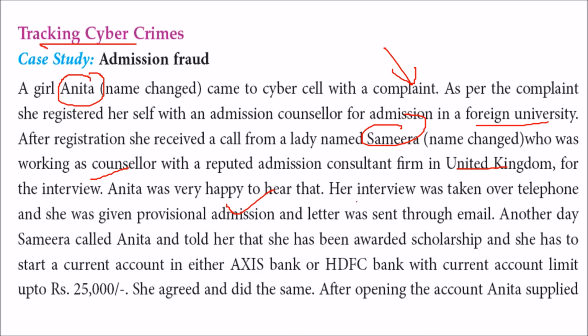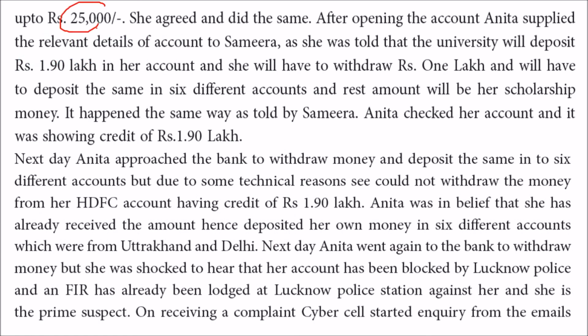Another day, Samira called Anita and told her that she had been awarded a scholarship and she had to start a current account in Axis Bank or HDFC Bank with a current account limit up to 25,000. She agreed and did the same. After opening the account, Anita supplied the relevant details to Samira.